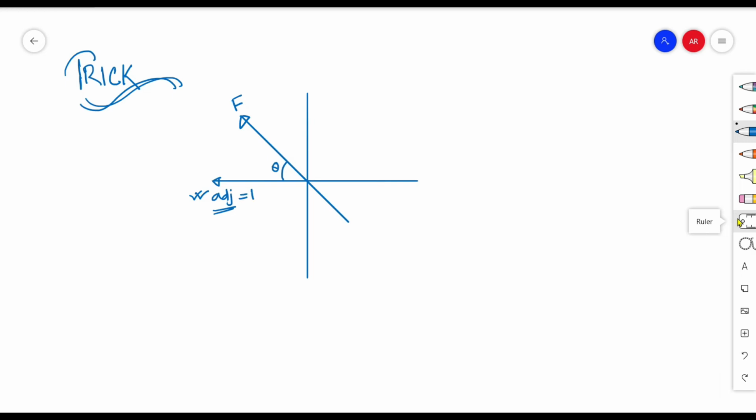So the trick here is, if the vector makes an angle theta with any direction, that direction is for sure adjacent. And adjacent means it is cos theta of that vector. Right here, F makes an angle theta along this horizontal leftward direction. So that is adjacent. This is F cos theta. F sine theta is always at 90 degrees to F cos theta. And you must remember, F is the resultant of F cos theta and F sine theta.